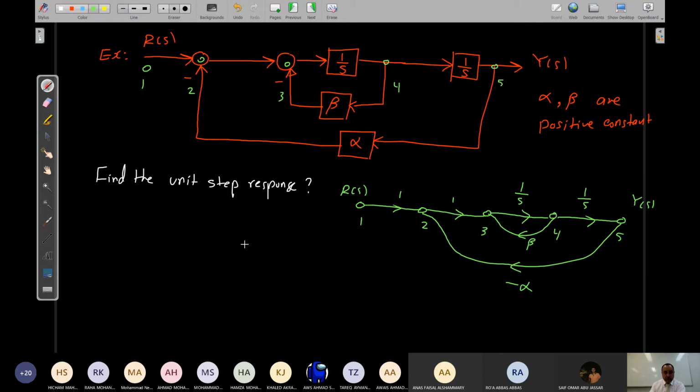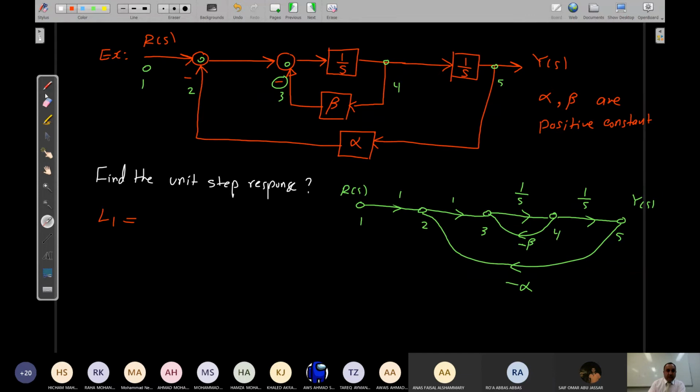So can you continue? The first thing you need to find is the loops, L. How many loops do I have? 2 loops. Is it beta or minus beta? It should be minus beta. Thank you. So the first loop, L1, goes from 2 to 5 and returns back, 1, 2, 3, 4, 5 and back, correct?